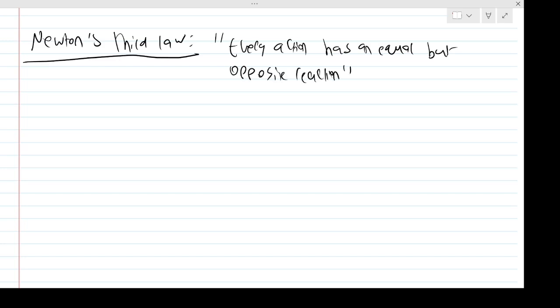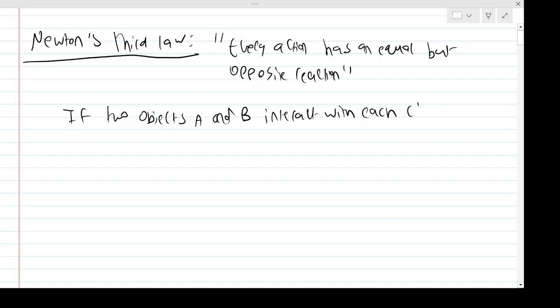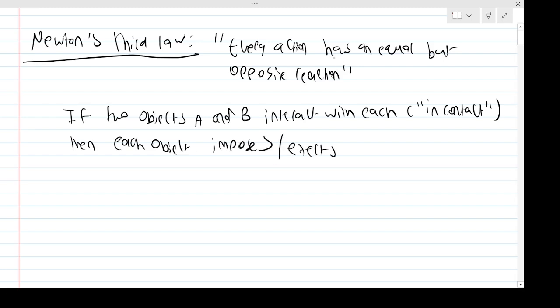Now, what that means, I guess more in this context, is if two objects, A and B, interact with each other, or what we say in contact, then each object imposes or exerts, the more technical term, so it puts an equal but opposite force onto each other.